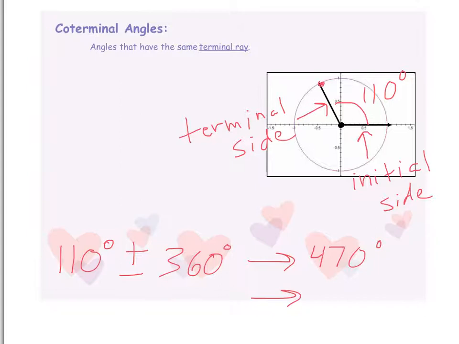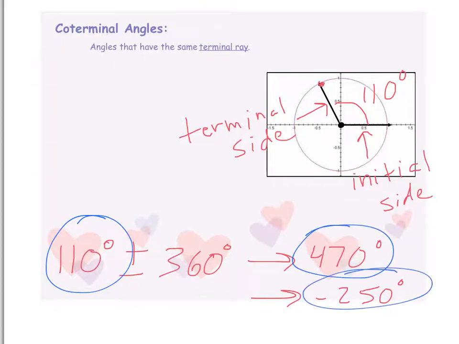If I were to subtract 110 minus 360, that would be negative 250 degrees. All three of these angles are what we would call coterminal, because even though they're different measurements, they would all have the same terminal side, and they would be in the same position if we drew them on a coordinate grid. How we account for an angle that's bigger than 360 and one that's negative, we'll get to in a bit.